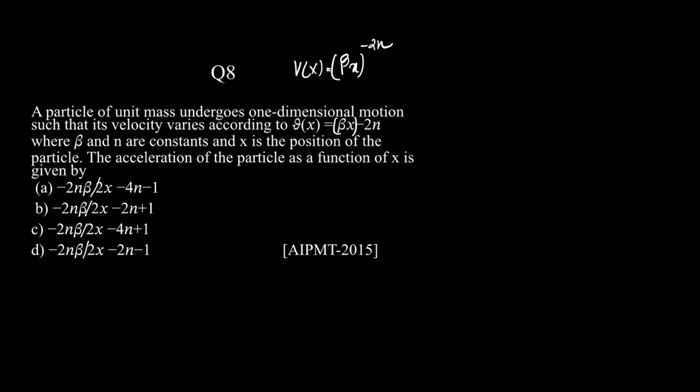So let us start the question by writing down what is given. v of x is equal to (beta x) to the power minus 2n.